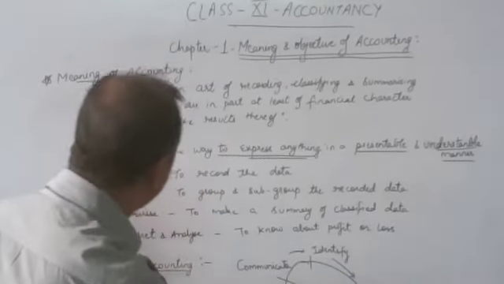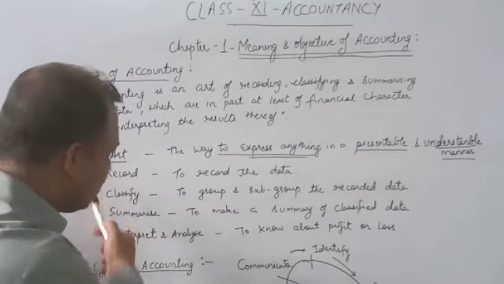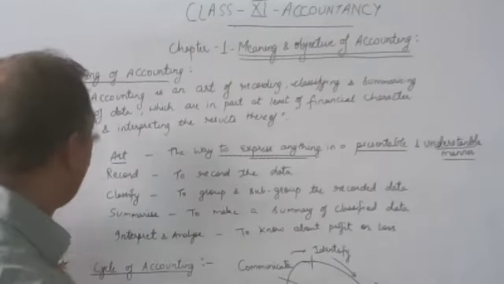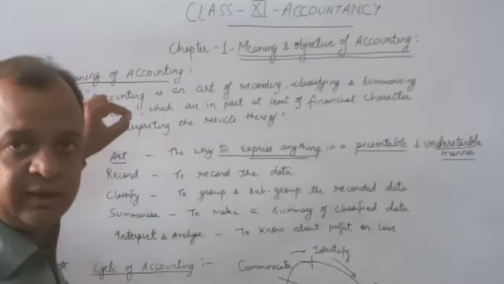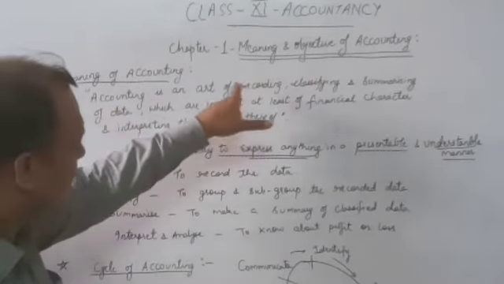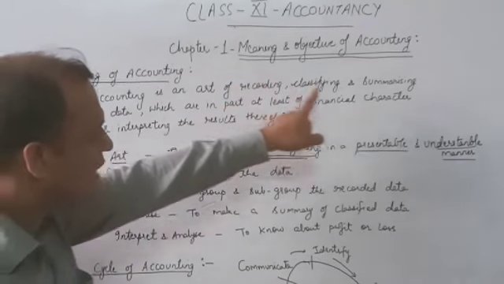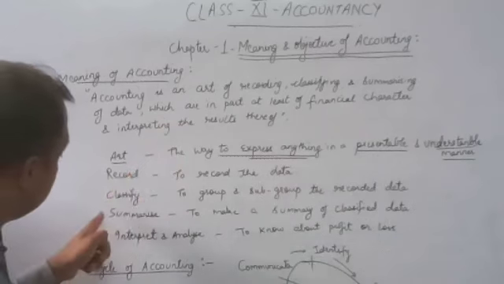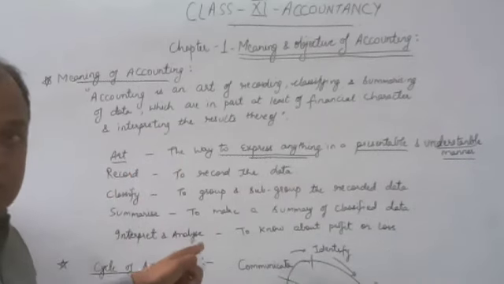When we conclude with this definition, all these terms can help us to understand what actually accounting is. It is an art of recording, classifying, summarizing the data to interpret the result.